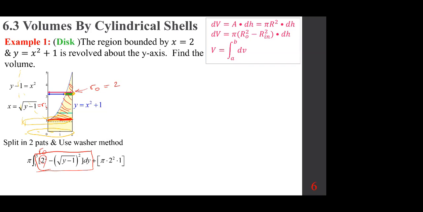And we are using this one. Let me just make sure I put it in the right place, because you know when I write, I don't want to. So let me put it in this corner. R out is 2. R in is the x coordinate of the curve, square root of y minus 1.